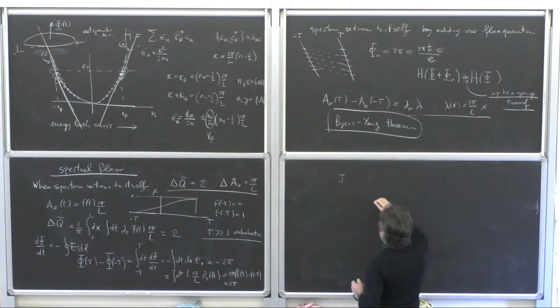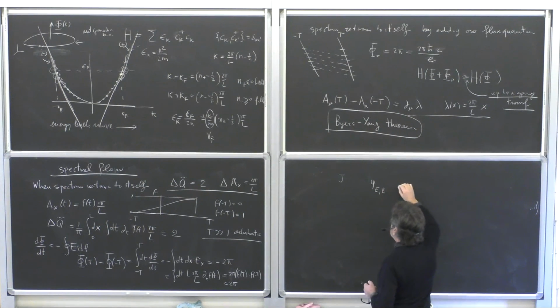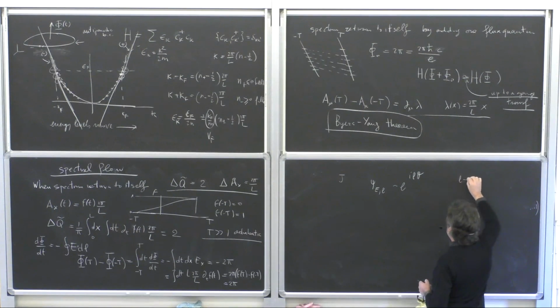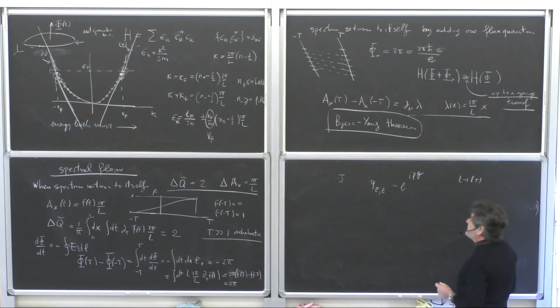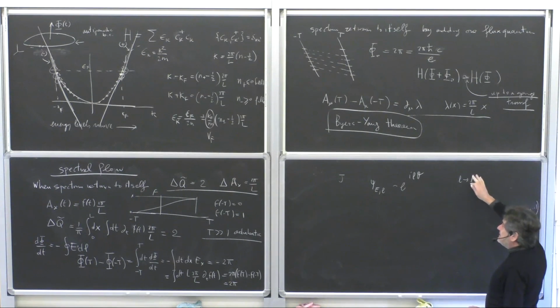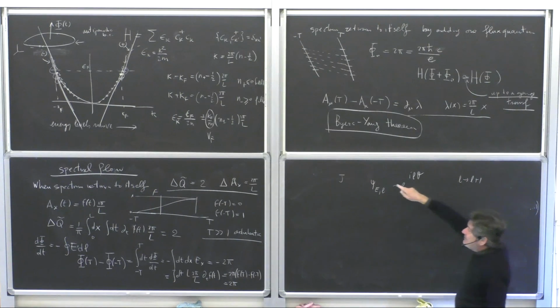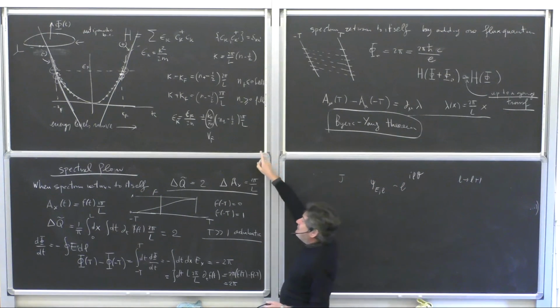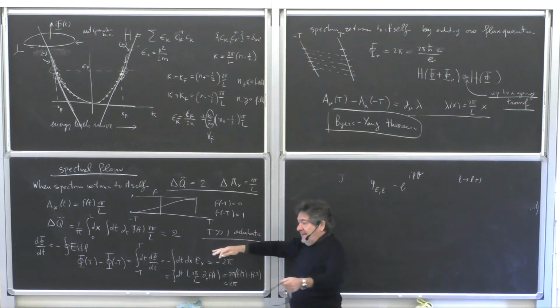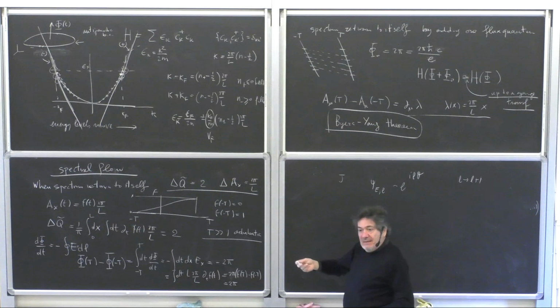And so if you have a wave function which has some energy and angular momentum L, then it has a dependence e to the i L theta, and that will cause L to go to L+1, independently of the interaction. So another way to see this spectral flow is that momentum goes up by one, and if you embed the problem into a plane, then its angular momentum goes up by one.